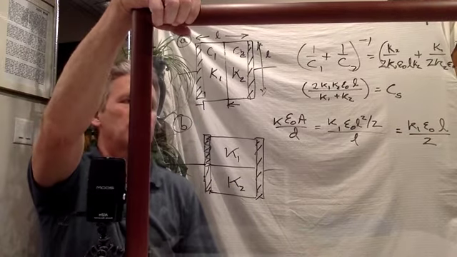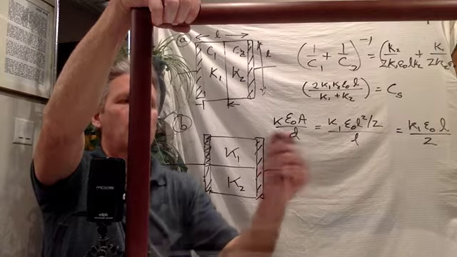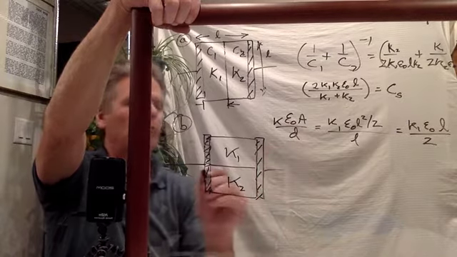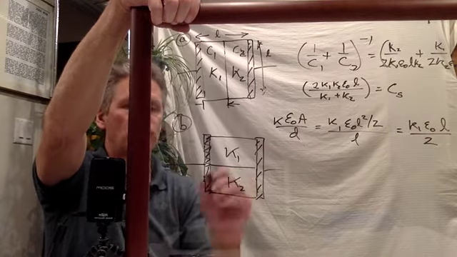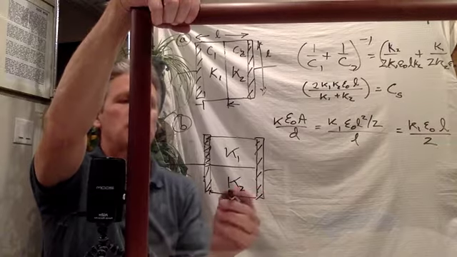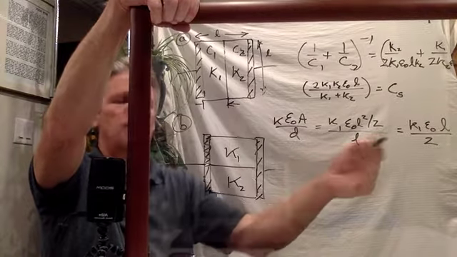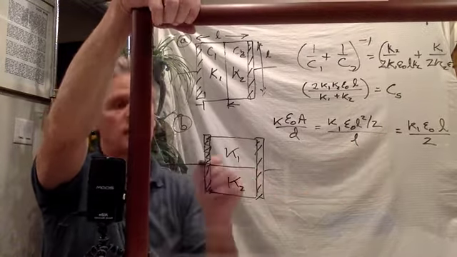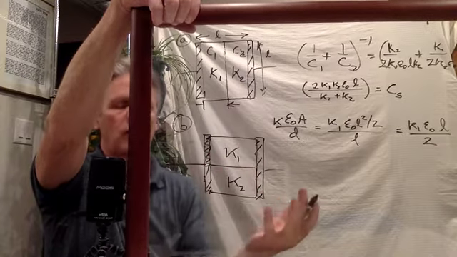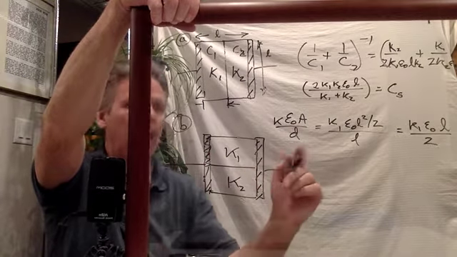And I hope everyone can see that our C2, in other words the C for this kappa 2, is just going to be this exact same thing, but with kappa 2. And these are in parallel. How do capacitances add in parallel? They just add straight up.